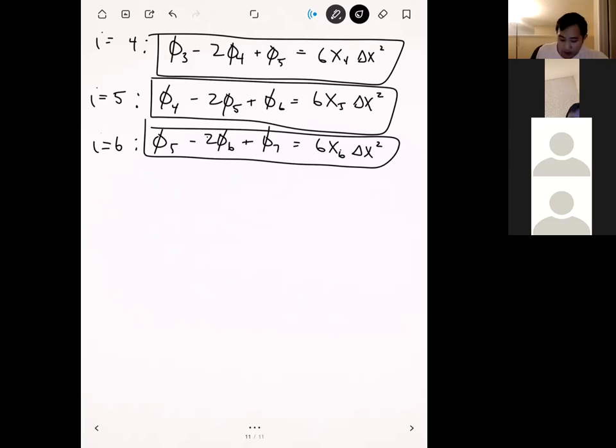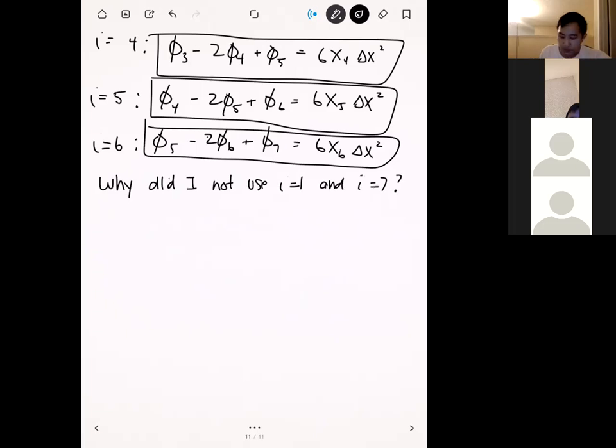And so that's great. But what you should have noticed from the beginning is that I started counting at i equal to 2, right? So why did I not use i equal to 1 and i equal to 7?